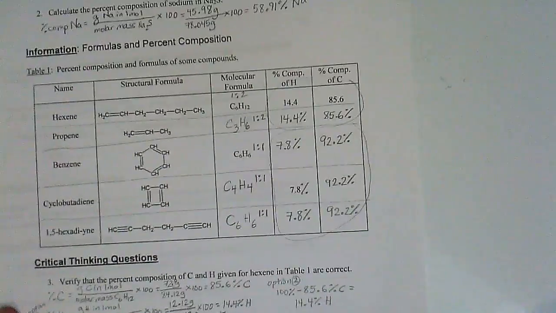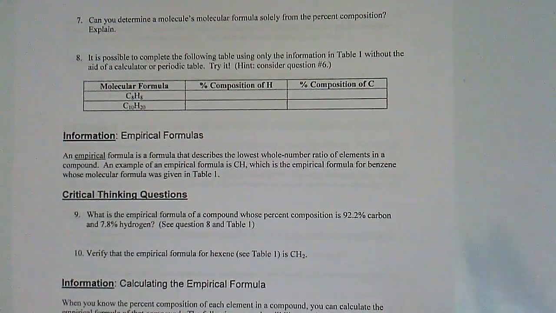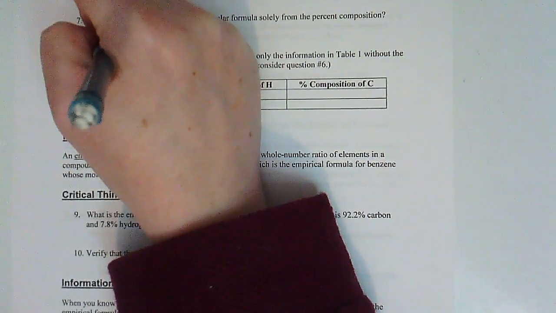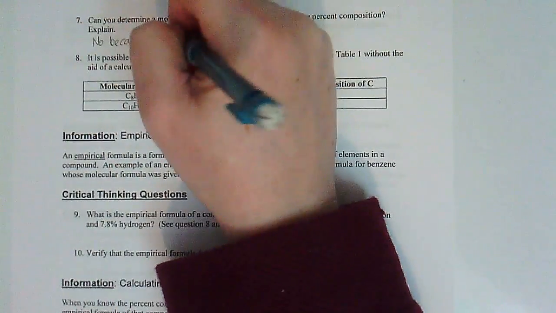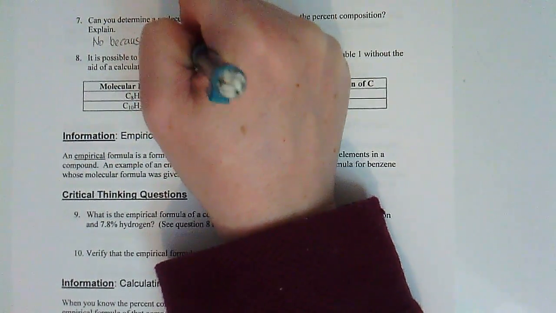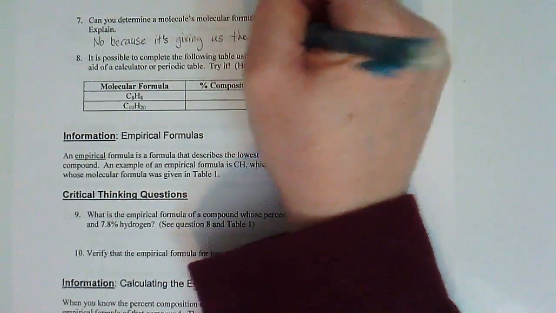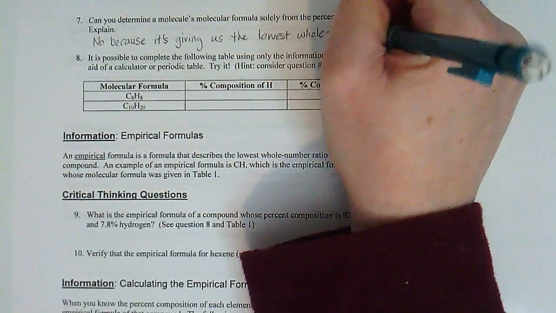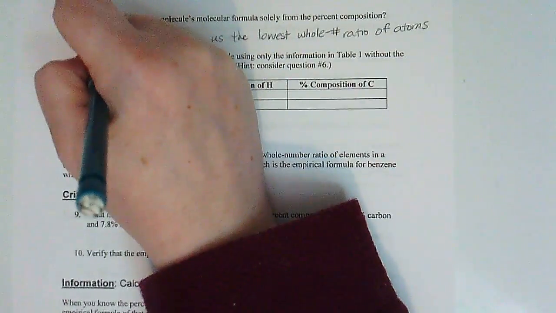So the answer to that question, can you determine a molecule's molecular formula solely from the percent composition? No, okay, because it's really just giving us the lowest whole number ratio of atoms in the compound.